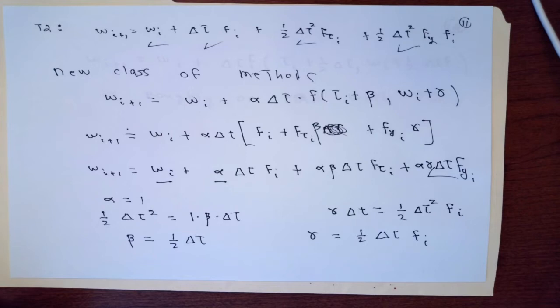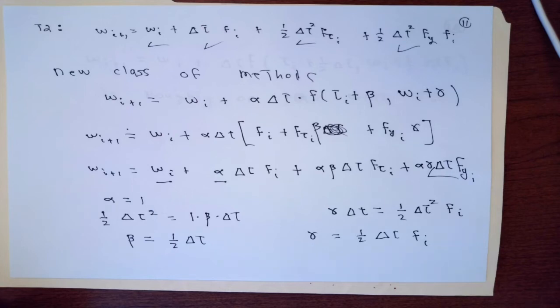Now we'll be clever. Look at Taylor 2 and look at this formula. And look back at Taylor 2 again. If you make alpha equal to 1, then both of these expressions have a term of delta t times f_i. Look at the next term, the one with the partial derivative of f with respect to t.